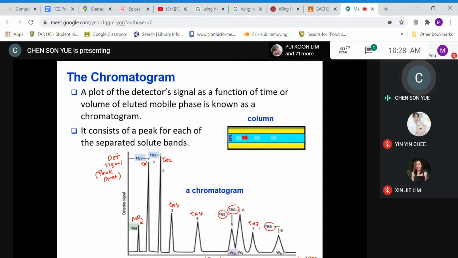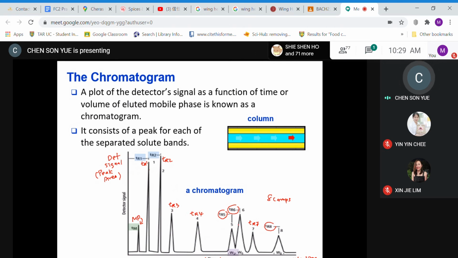So you see there are 8 compounds here. The sample mixture contains 8 compounds. So the last one will be sample 8, the first one, sample 1. And of course you can see here 1, 2, 3, 4, 5.